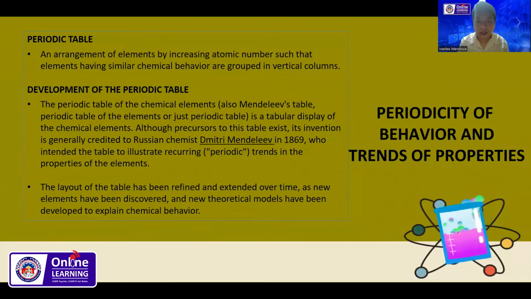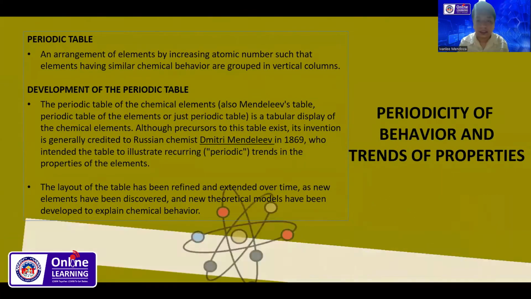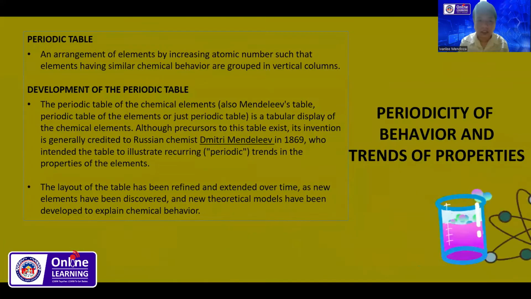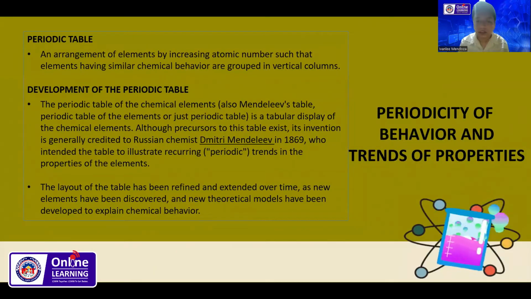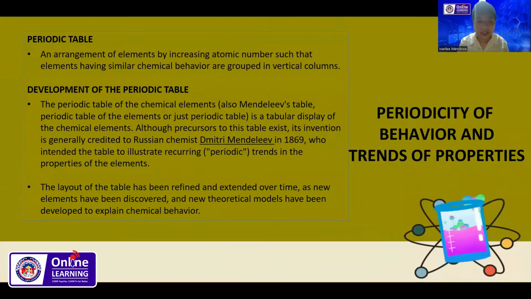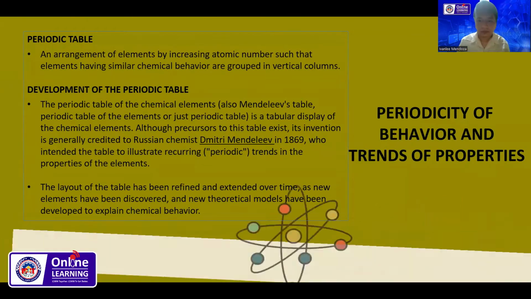Although precursors to this table exist, its invention is generally credited to Russian chemist Dmitry Mendeleev in 1869, who intended the table to illustrate recurring or periodic trends in the properties of the elements. The layout of the table has been refined and extended over time as new elements have been discovered and new theoretical models have been developed to explain chemical behavior.